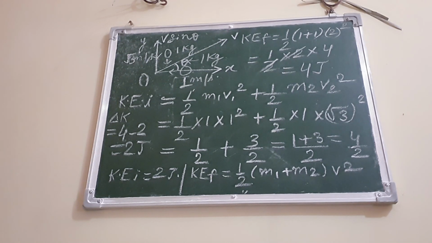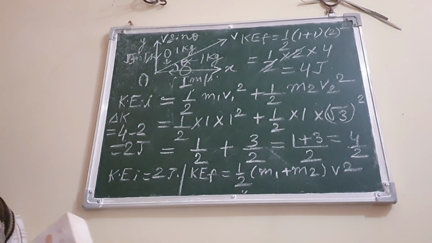So the change in the kinetic energy will be 4 minus 2, that is 2 joules. It's not a loss, it's an increase, because the final kinetic energy has increased. So the increase in kinetic energy will be 2 joules.